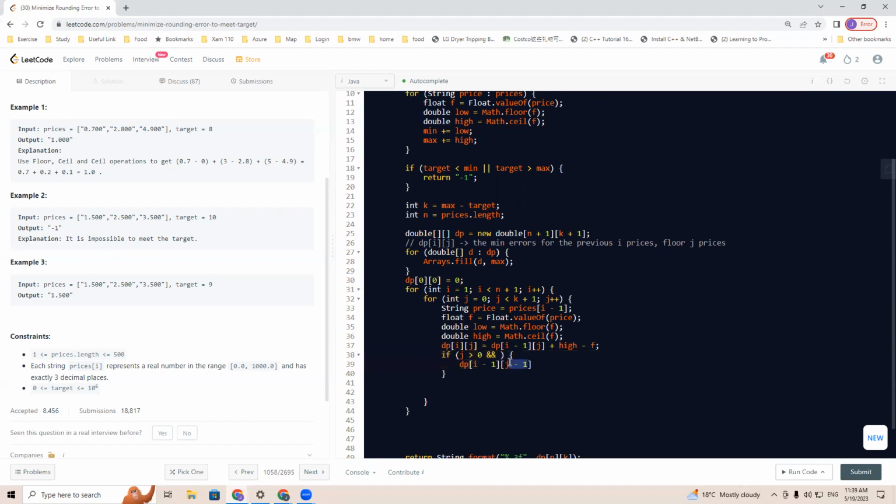Because this is minus 1, we should make sure this one is greater than 0, and that the high doesn't equal the low.